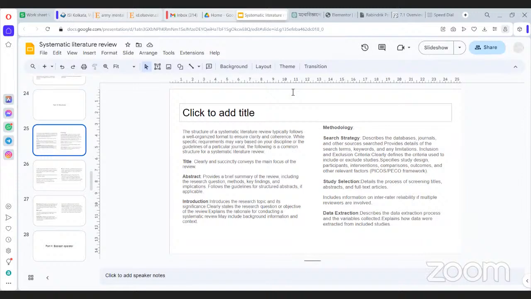And here we have to select intra-rater reliability? Inter-rater reliability, not intra. It is inter, that is between 2 raters or more than 2 raters.